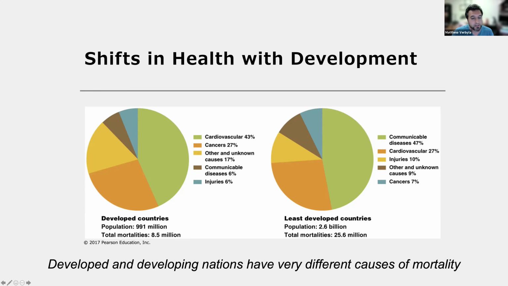Whereas in developed countries and higher income countries, you don't really see communicable diseases as causing such a significant health burden. However, cardiovascular diseases and cancers start to become more prominent as people live longer and are more susceptible to different types of illnesses.